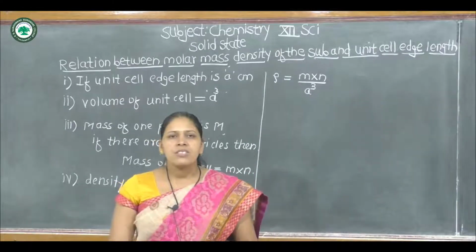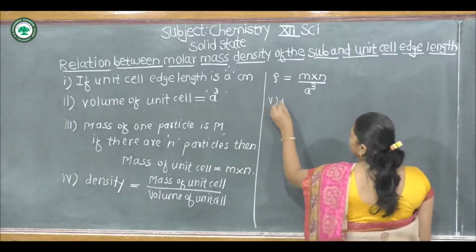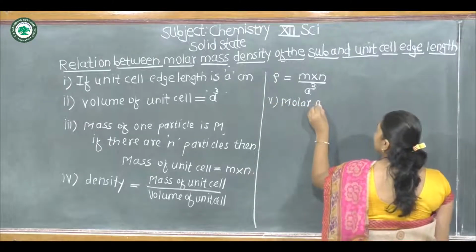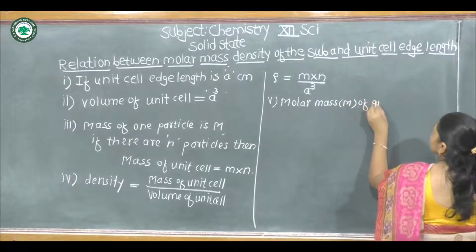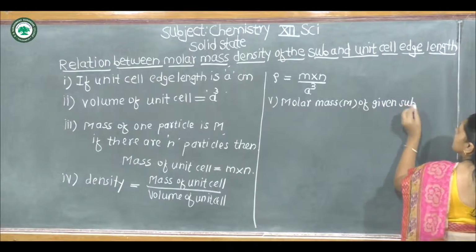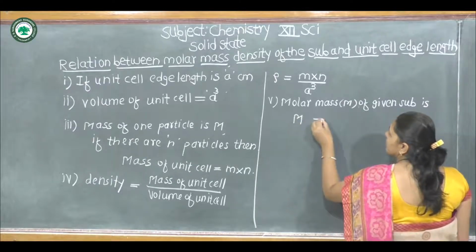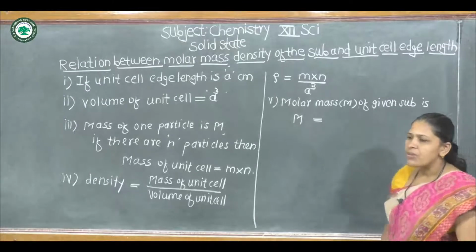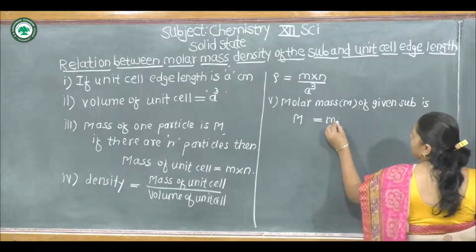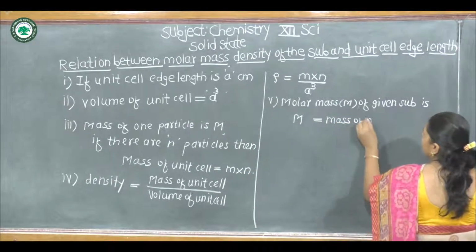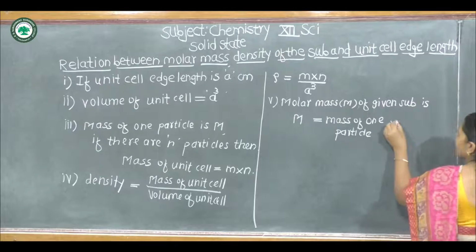Then fifth point, the molar mass of the given substance, capital M, is equal to the mass of one particle multiplied by Avogadro's number.